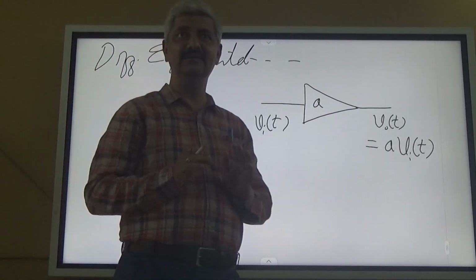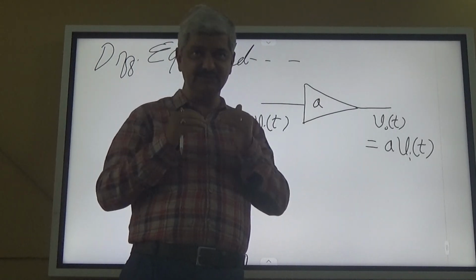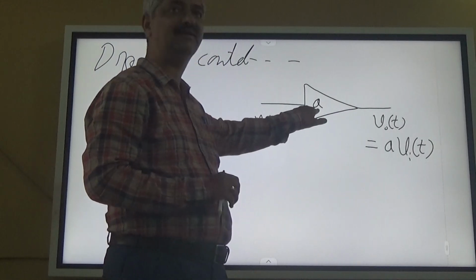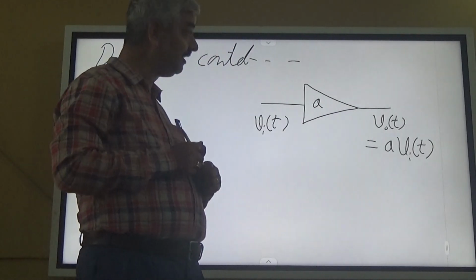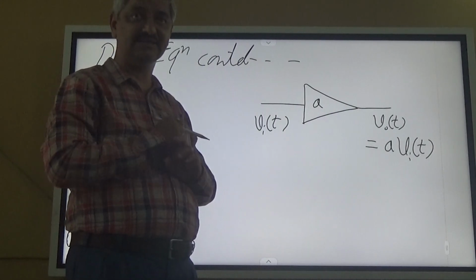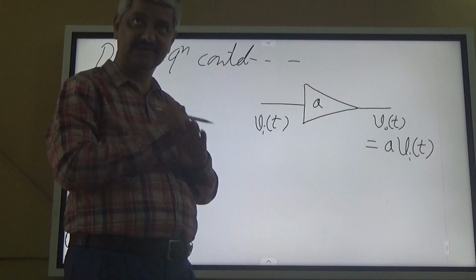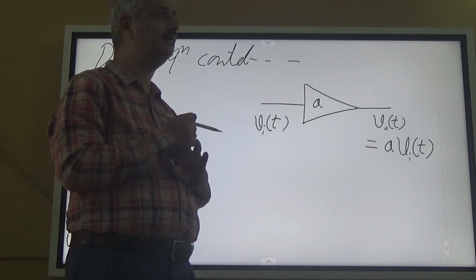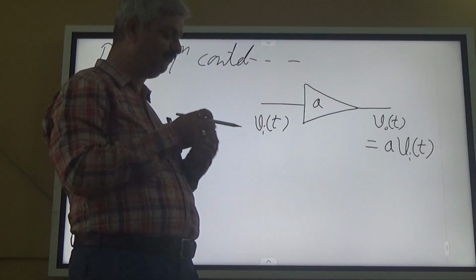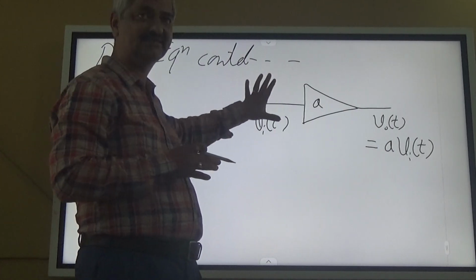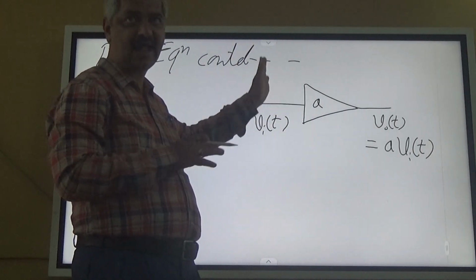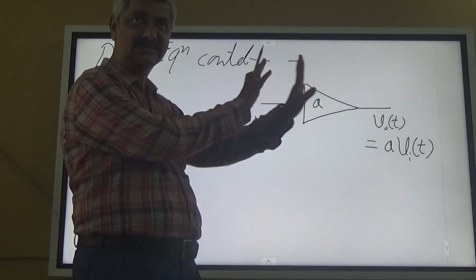The amplifier gives an output which is proportional to input by a scaling factor A. In fact, such a device cannot exist, but let us assume that it exists. Its impossibility of existence and approximations we keep for some later time.